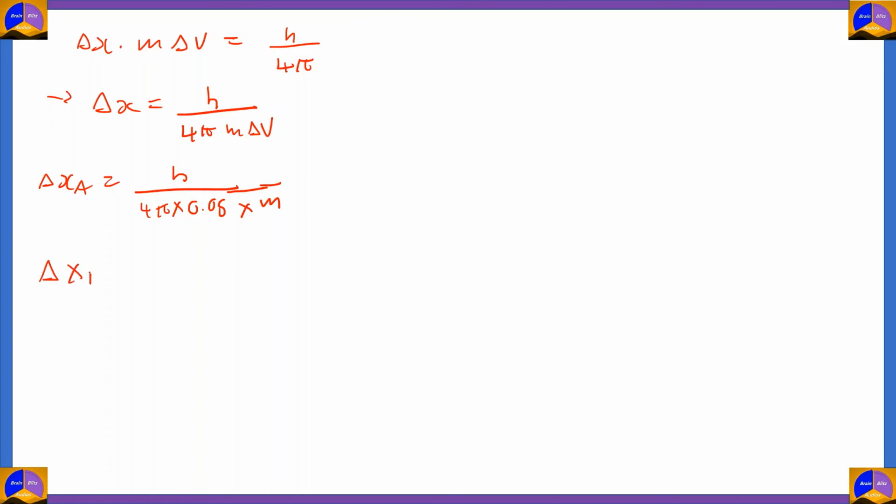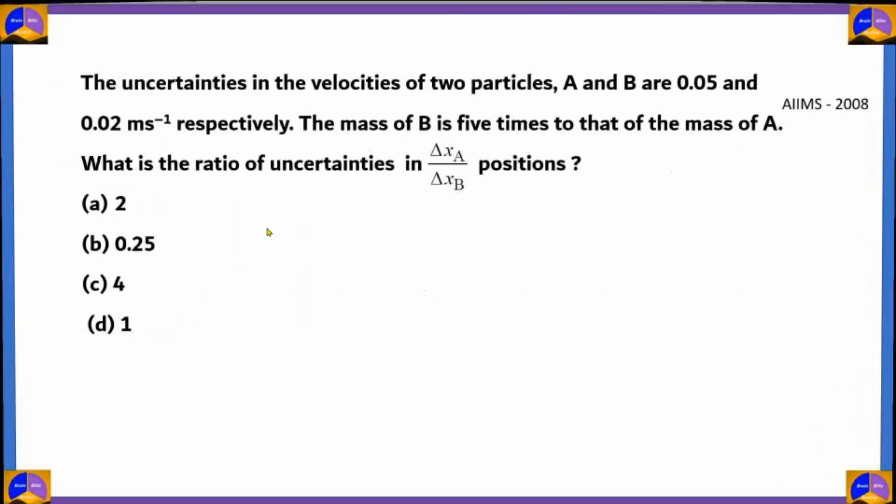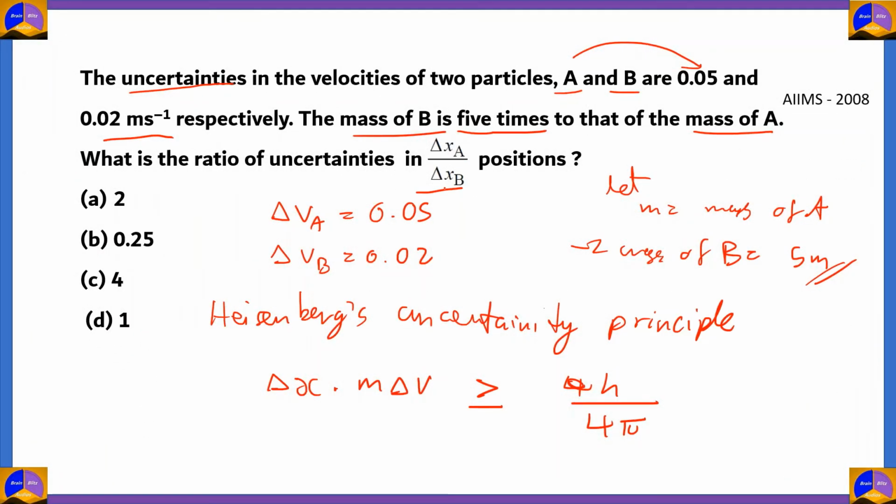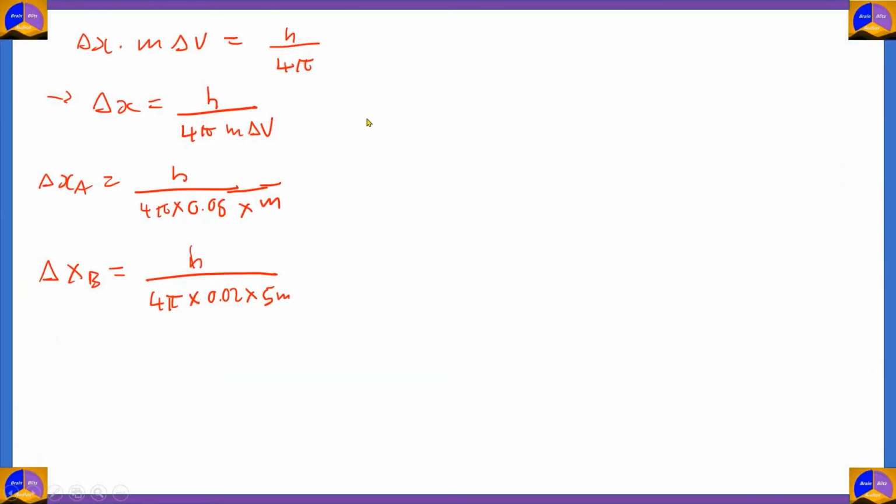And delta XB is equal to h divided by 4 pi times the uncertainty in velocity, that is 0.02, into the mass, that is 5m. So now our question is demanding us to find the ratio delta XA divided by delta XB. And that's precisely what we're going to do.